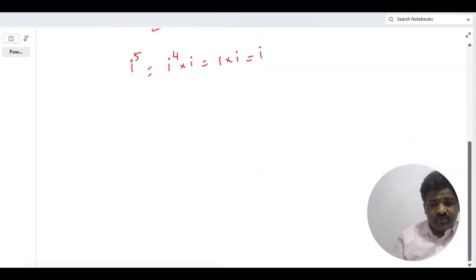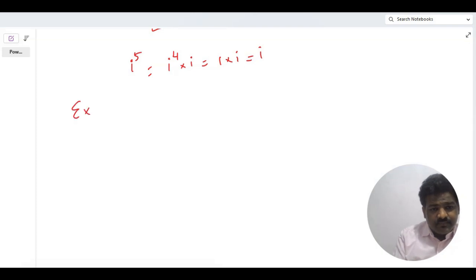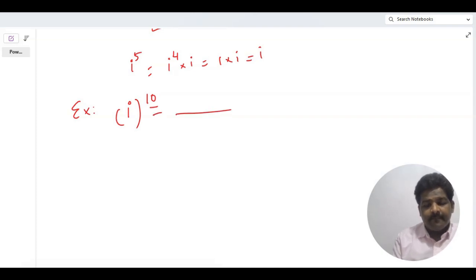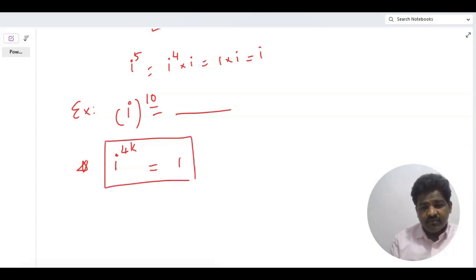Now I'll ask you one example here. What is the value of i to the power of 10? Well, here I'll tell you one important note. I to the power of 4 into some k, in this formation any number k, the value is 1. With the help of this, you can write i to the power of any value.